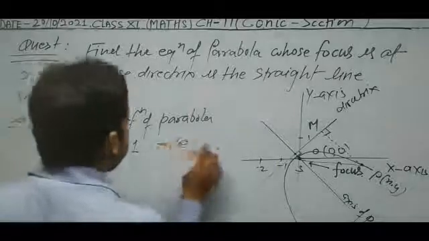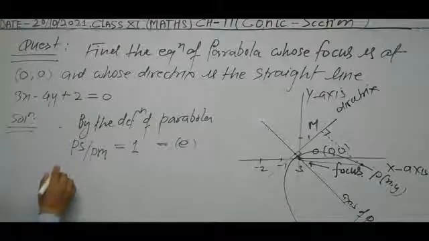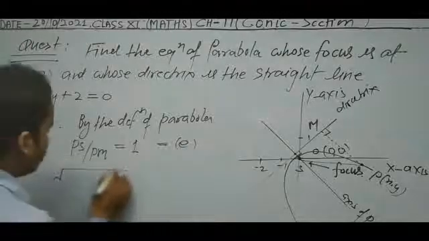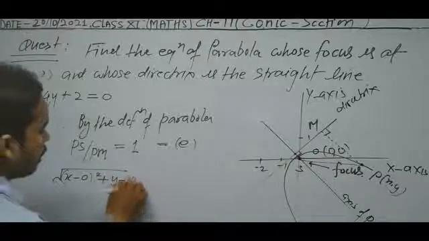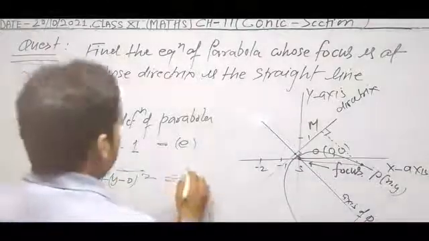Now the PS distance will be equal to PM. PS is the square root of (x minus 0) whole square plus (y minus 0) whole square, which is equal to PM.